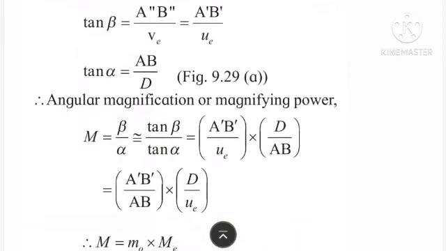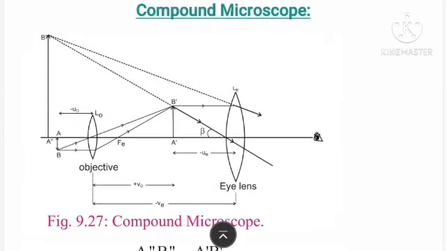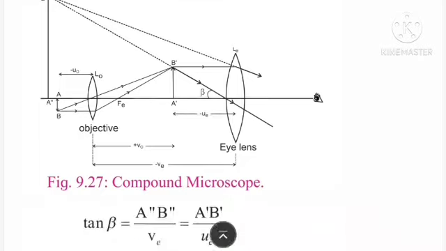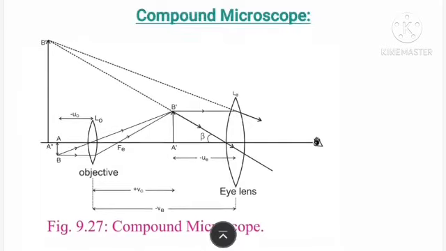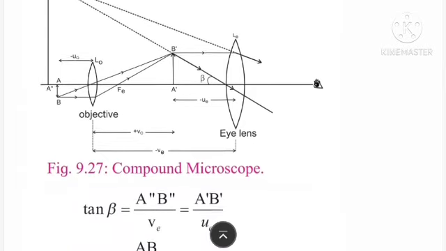If you consider the value of beta as the angle made by the eye lens, rather by the image created A''B'', then tan beta is equal to A''B'' upon V. V is the distance of the eye lens from the objective.